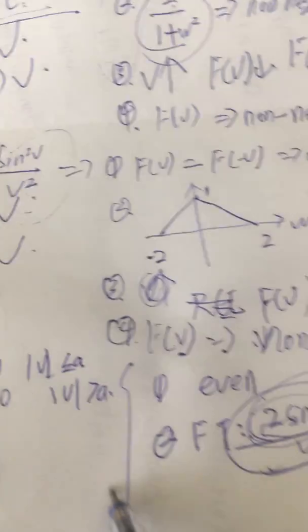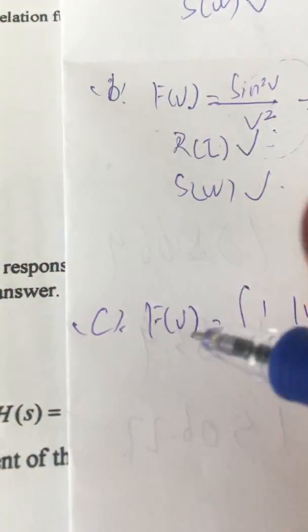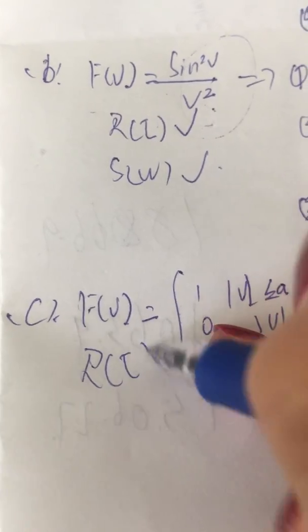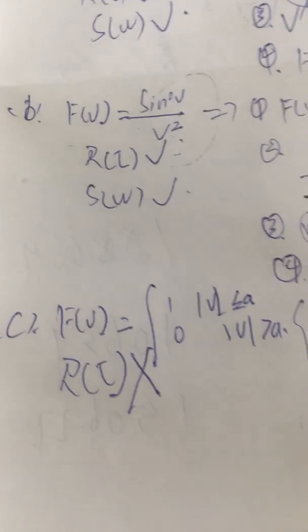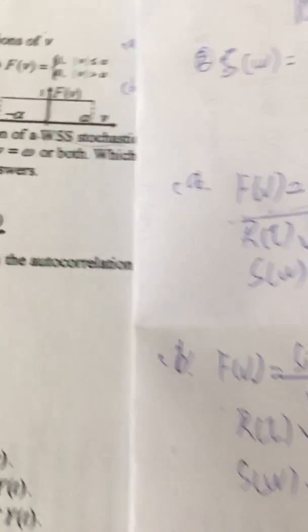So after finishing this, we know that this one can't represent the autocorrelation function.